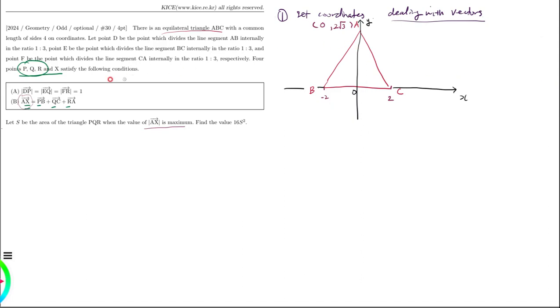As you can read, we have extra points, 3 points, D, E, and F, which are all internal points. The ratio is 1 versus 3 here.